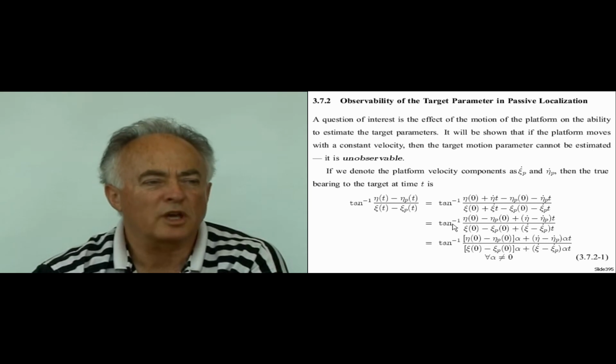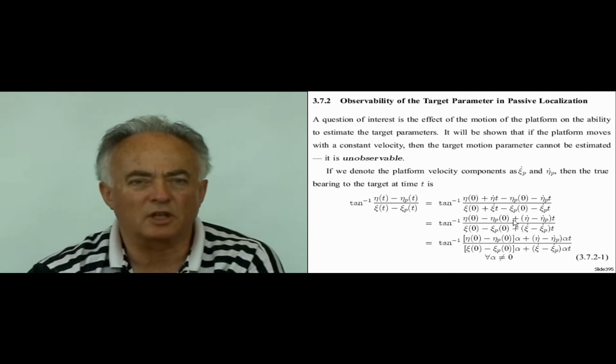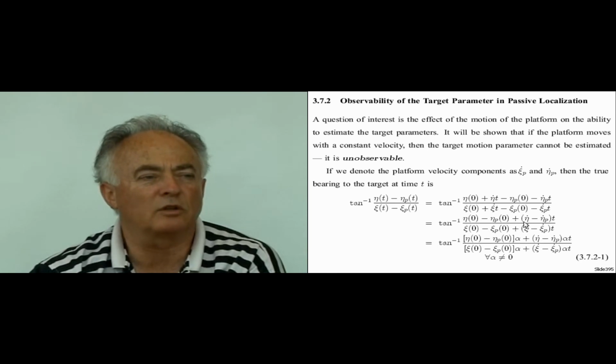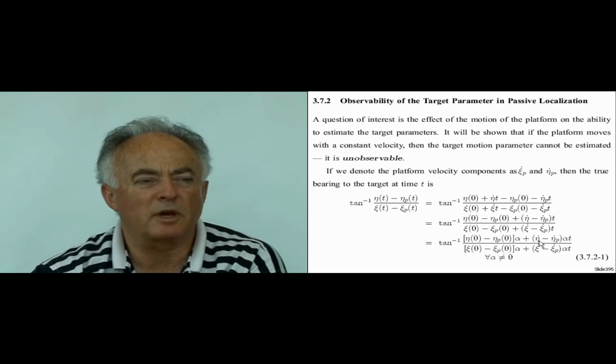And look at the fact that this ratio, with the original true values that we don't know for eta, eta dot, psi, psi dot, is the same for a difference between eta 0 and eta p0 multiplied by alpha, and eta dot minus eta p dot multiplied by alpha. Same thing for the psi.